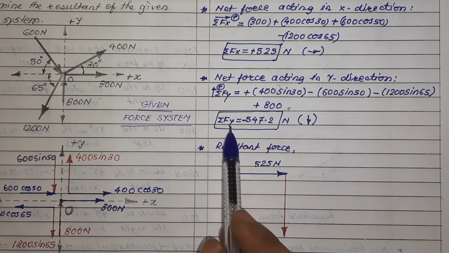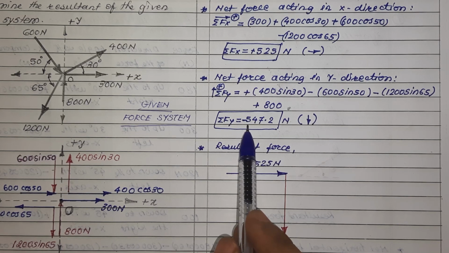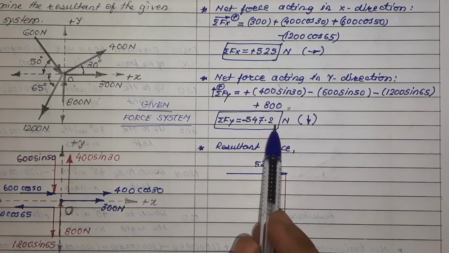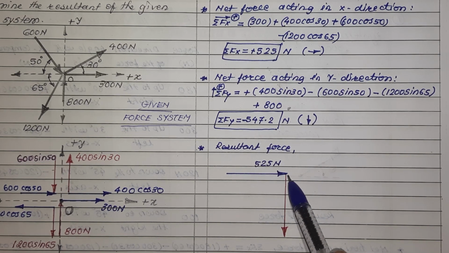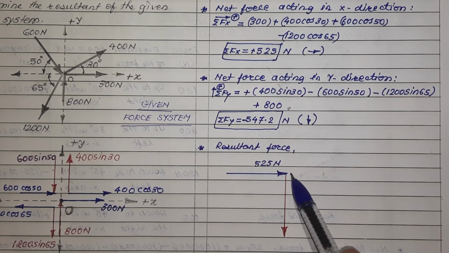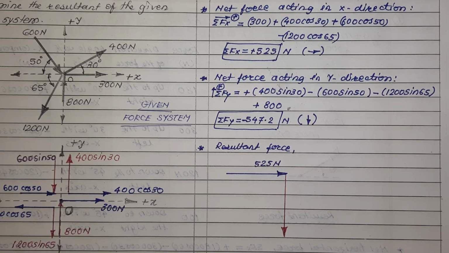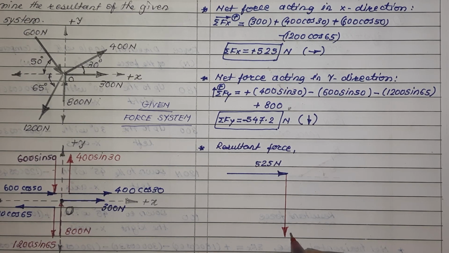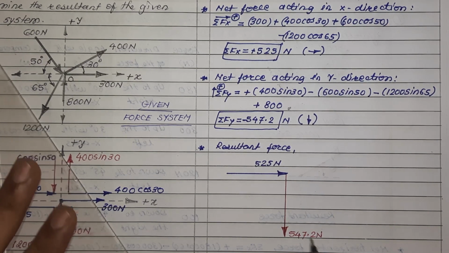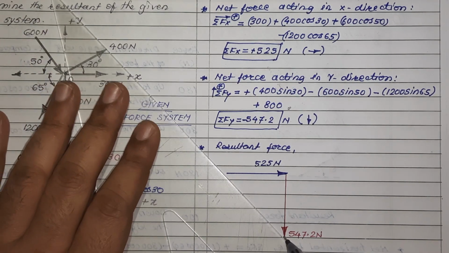Hence, second force, which is summation Fy, is minus 547.2 Newton. So it is going downward, and hence it has been started from this arrowhead and it will go downward, whose magnitude is 547.2 Newton.